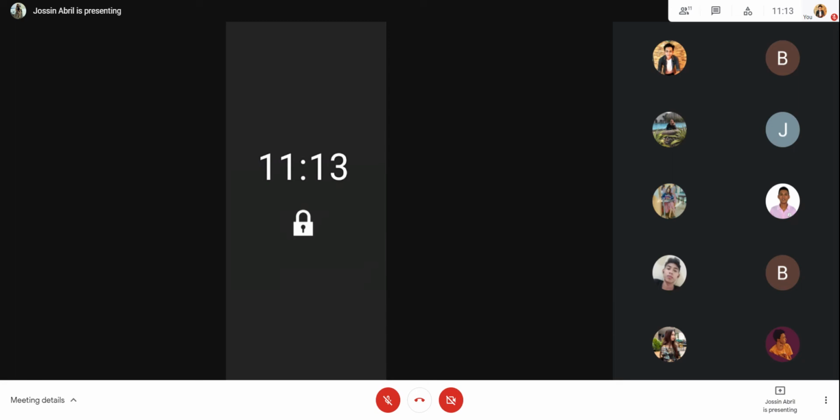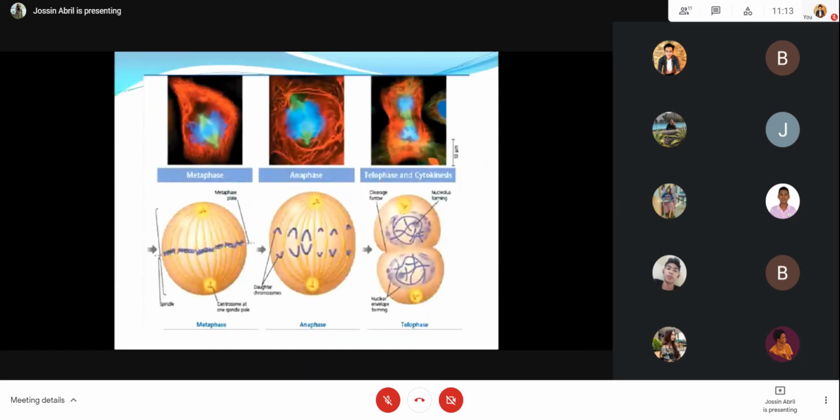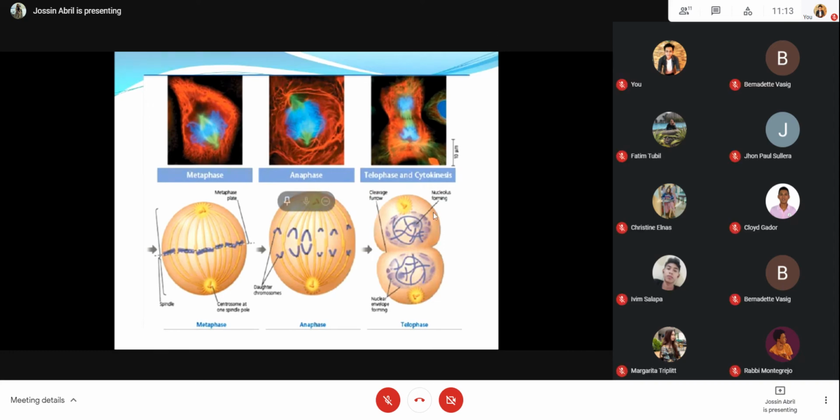And the last phase in mitosis is the telophase. Two daughter nuclei form in the cell. Nuclear envelopes arise from the fragments of the parent cell's nuclear envelope and other portions of the endomembrane system.